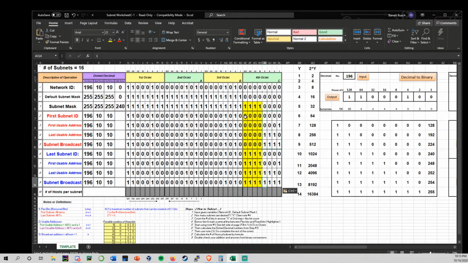Great. So now we just need to go binary to decimal. So this is 0. This is a 1. This is going to be 2 plus 4 plus 8, so that's going to be 14.